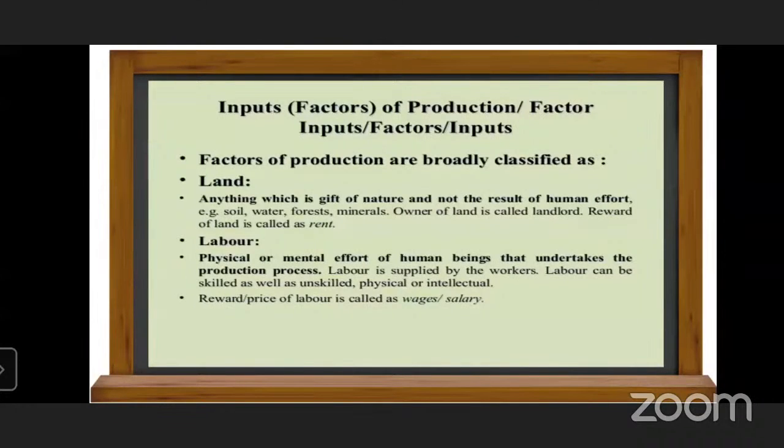You can find these definitions in any of the standard books, but I'm highlighting those keywords. Any mental or physical effort done by a human for any reason other than just pleasure, that we call labor. It means he should take some salary or wages. So labor is inseparable from the laborer. This sentence will be asked in exams, so make note of it.